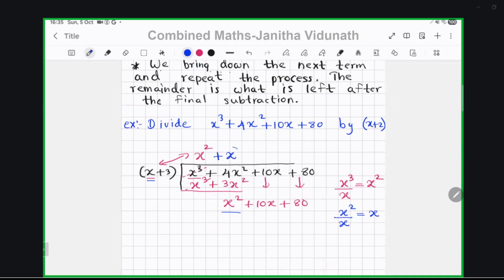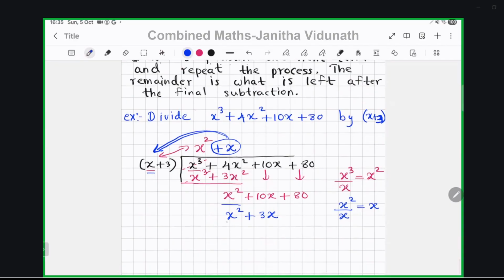Then we need to multiply this with our entire divisor. Here we put x plus 3 in our equation. Then we need to multiply it with this. Then we get x square plus 3x.